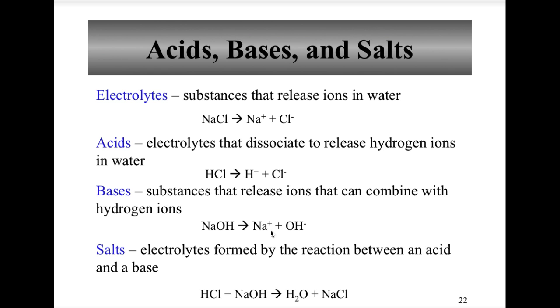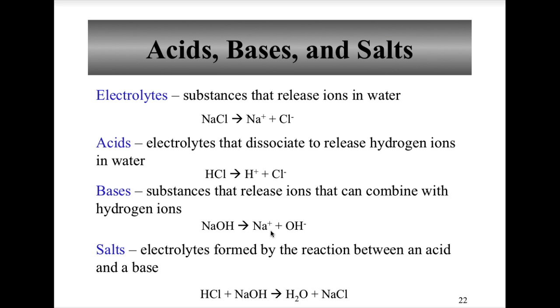In acid-base chemistry, you have acids, bases, and salts. These ions are referred to as electrolytes or charged particles. Electrolytes are substances that are going to release ions in water, such as salt. So you form the sodium cation and the chlorine anion. Electrolytes must be maintained within a very narrow range in our blood and tissues. That would be homeostasis playing a role there, that stable state for electrolyte balance.